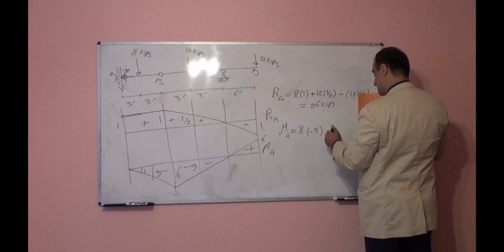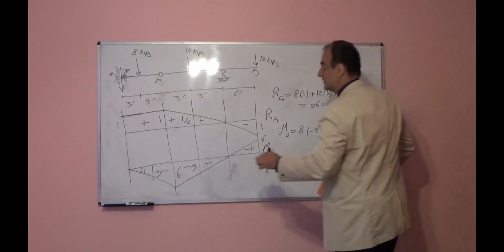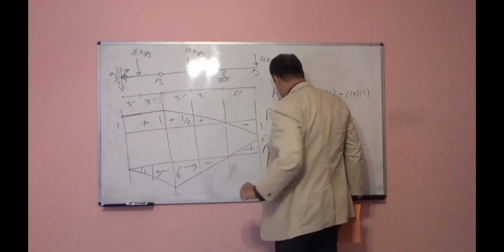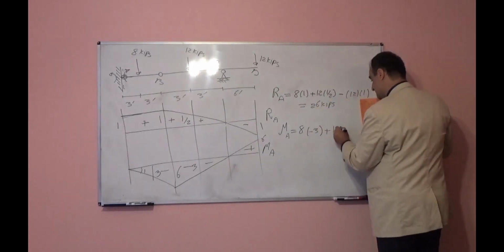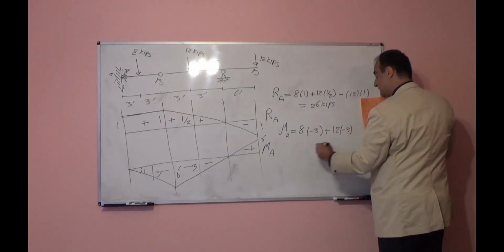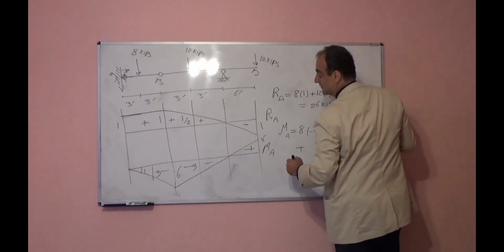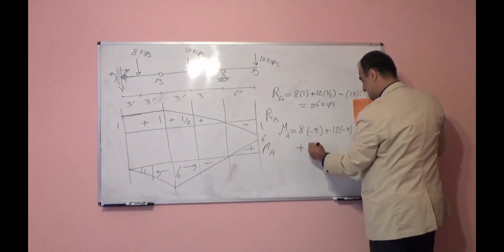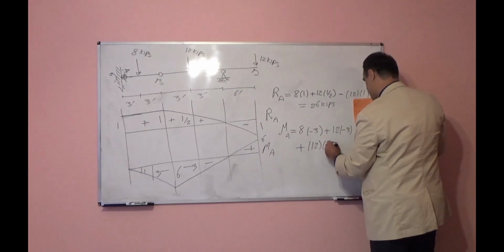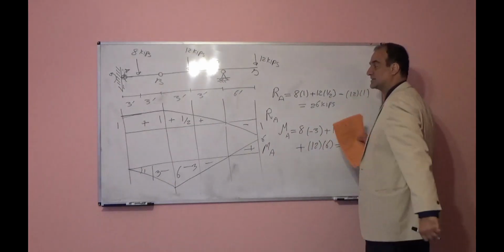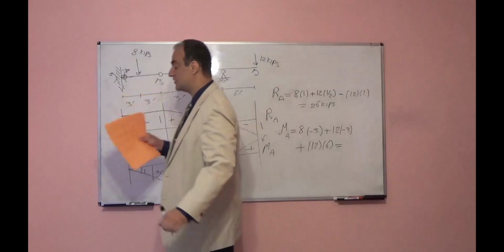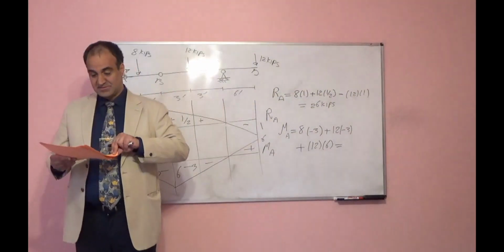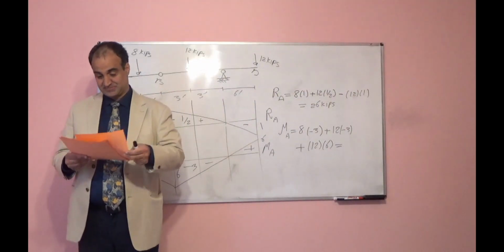Plus 12 times negative 3, again 12 times negative 3, plus 12 times positive 6. The answer will be the moment at point A under these loads.